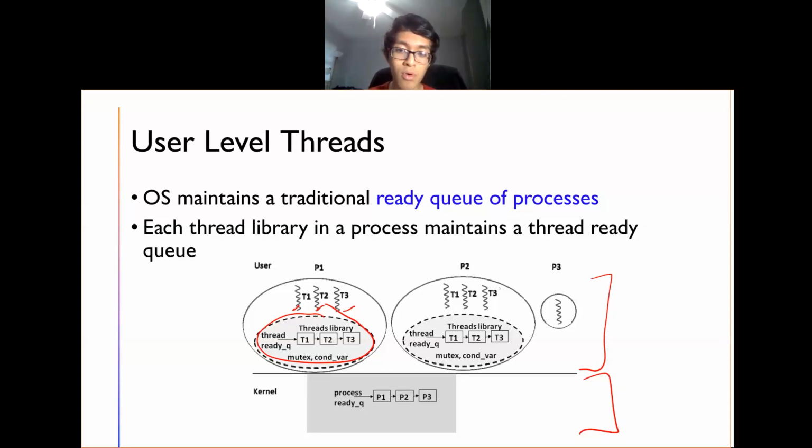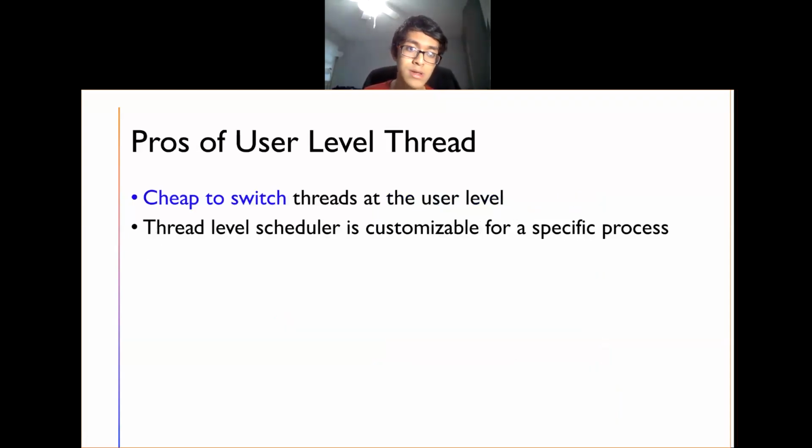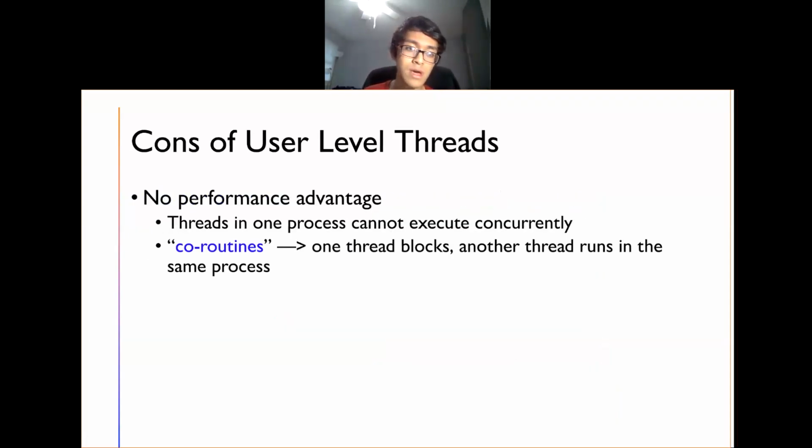A very important thing to note here is that all of the threads in one process cannot execute concurrently, and this is one of the major disadvantages of user-level threads. This phenomenon is called the threads running in coroutine mode. Whenever one thread runs, all of the other threads must block.